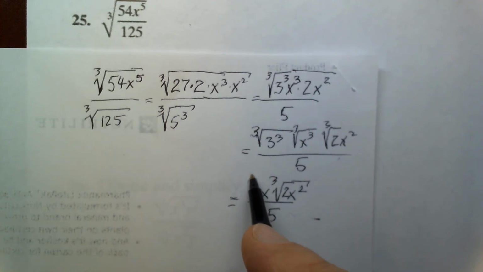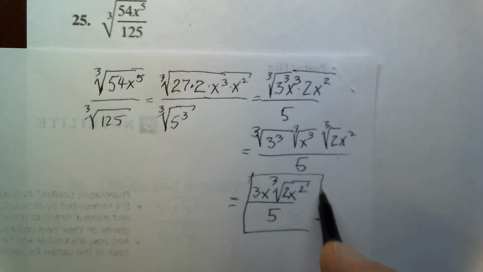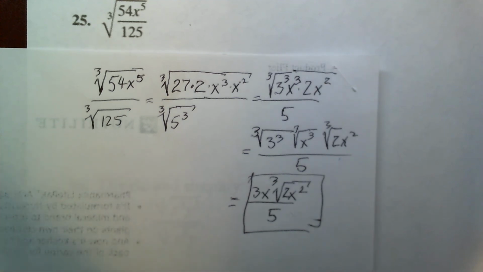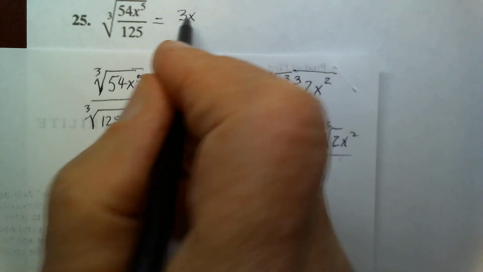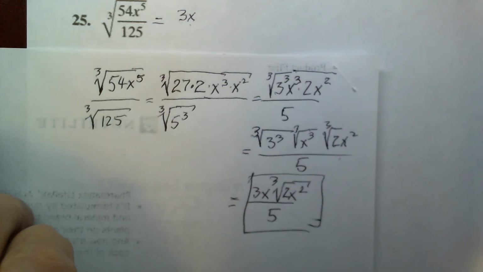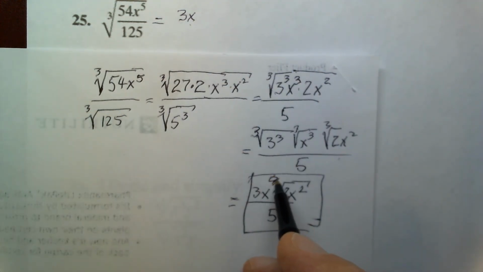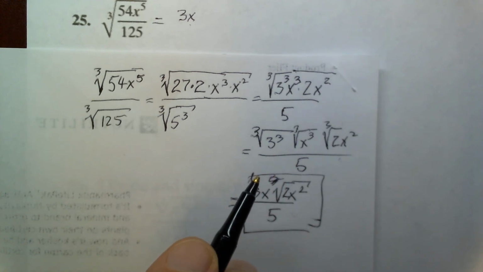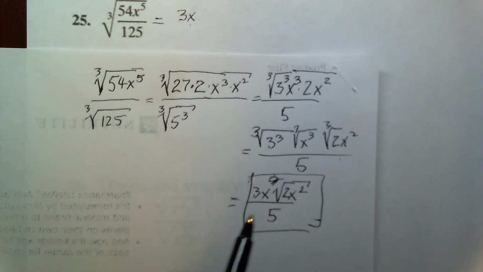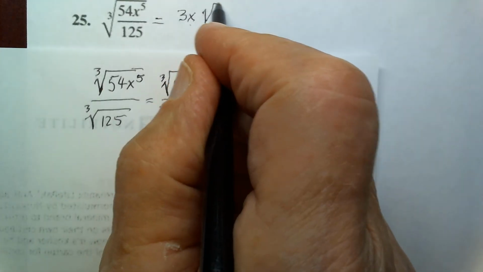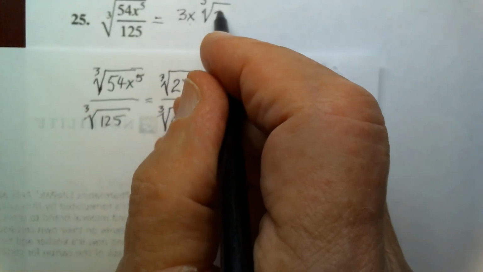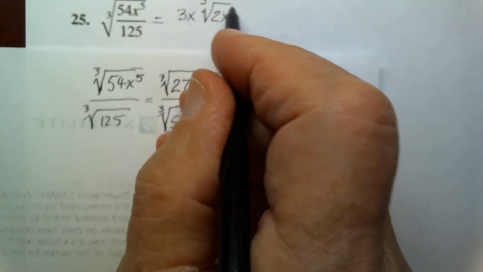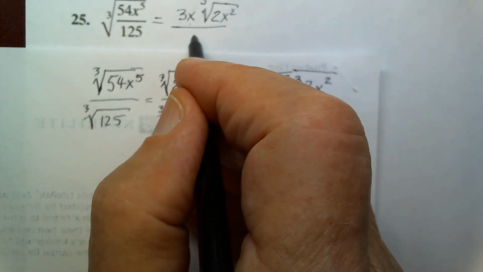So this then is the answer for number 25. Not 3x to the third, rather 3x times the third root of 2x squared divided by 5.